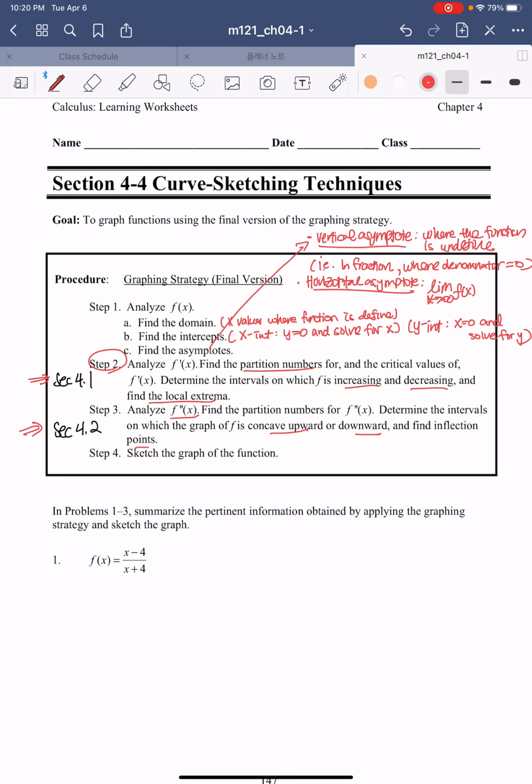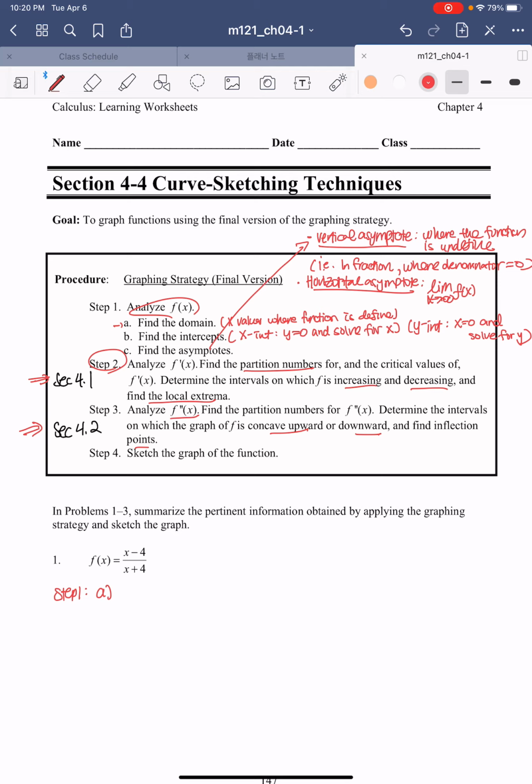In problems 1 through 3, summarize pertinent information obtained by applying the graphing strategy and sketch the graph. Let's begin with step 1, which is analyze f of x. So I need to find part A, the domain. This is a fraction, so we have where the function is defined and where the function is undefined.